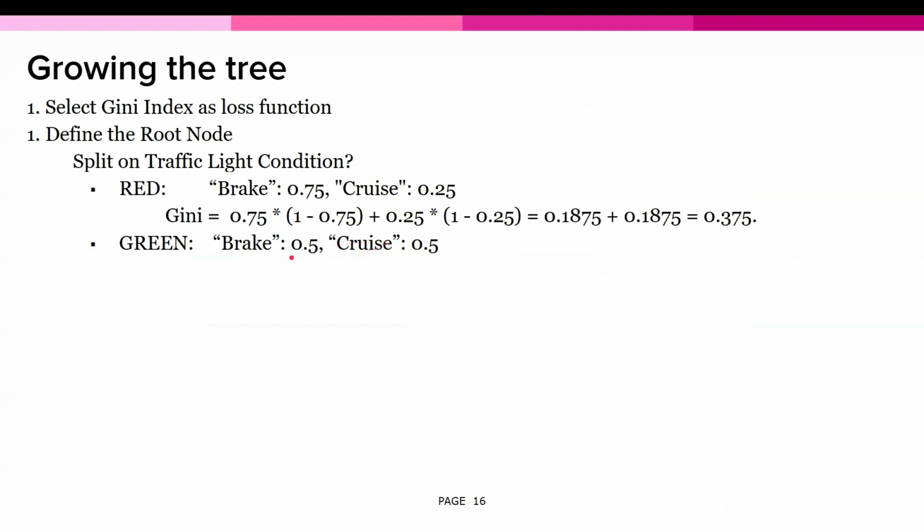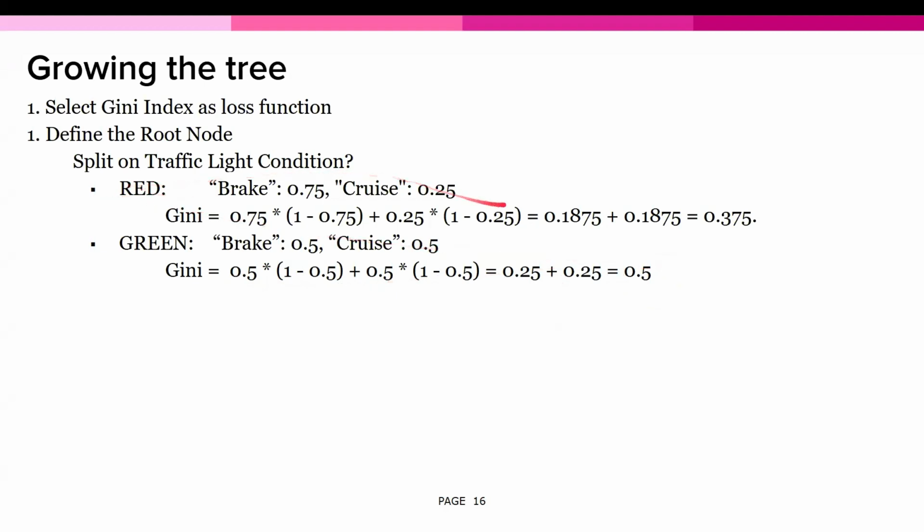So the empirical fraction is 0.5 for each case. That one's pretty easy. It's just 0.5 times 0.5 plus 0.5 times 0.5. So that's going to give us a loss of 0.5 within the green subspace.